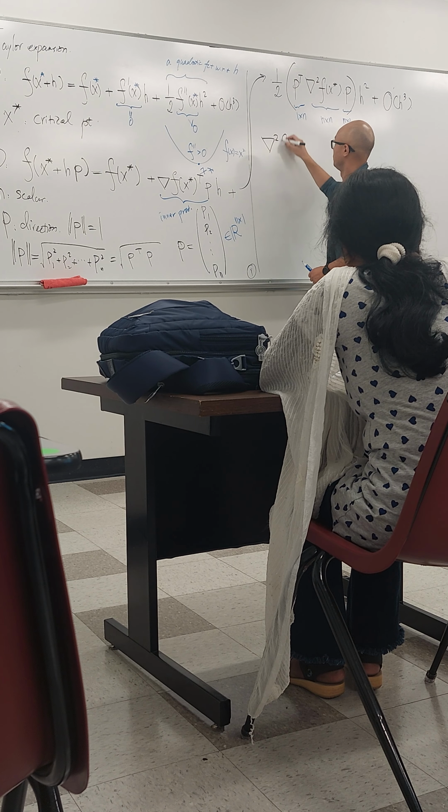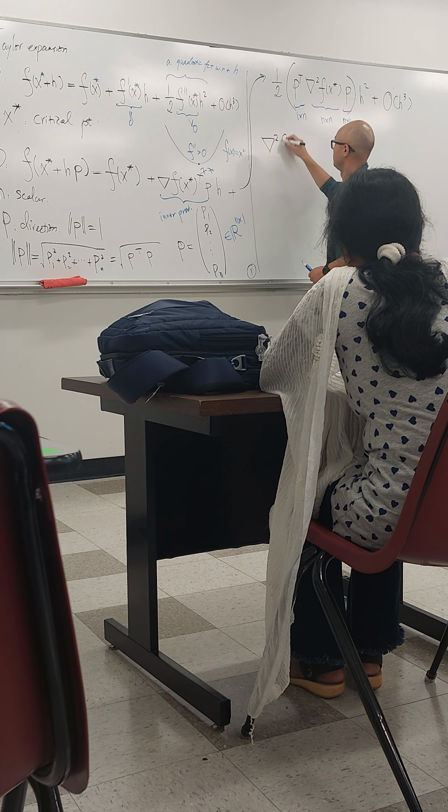Now if we make a simple change of variable, let's say R to be P2 divided by P1, then this becomes a quadratic function of R, right? You guys agree? So this is a quadratic function with respect to this variable. Why is the last term divided by P1?